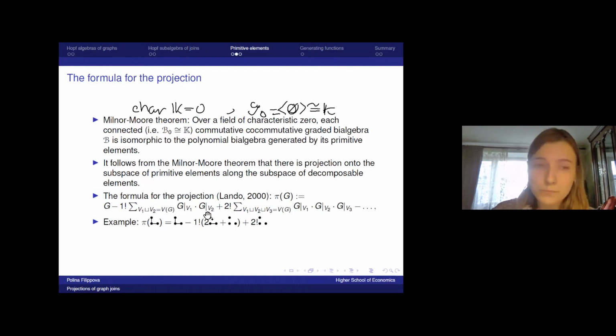This sum is finite because the number of vertices is finite. For example, for the path on 3 vertices, we take 3 partitions here and 1 partition here.